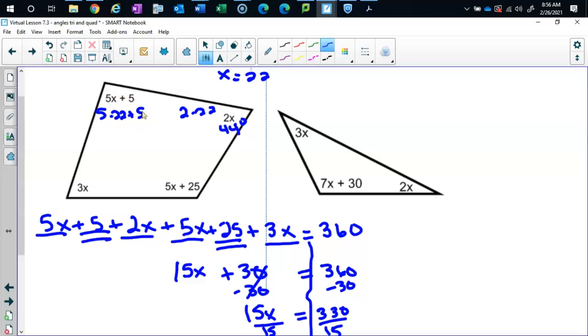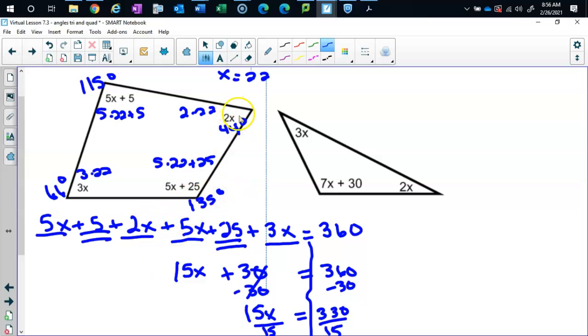And if you type that into your calculator, you get 115 degrees. So this angle is 115. This angle, 3 times 22 is 66 degrees. And this angle will be 5 times 22 plus 25. 5 times 22 plus 25 is 135 degrees.